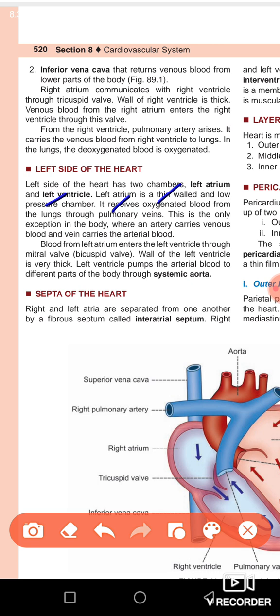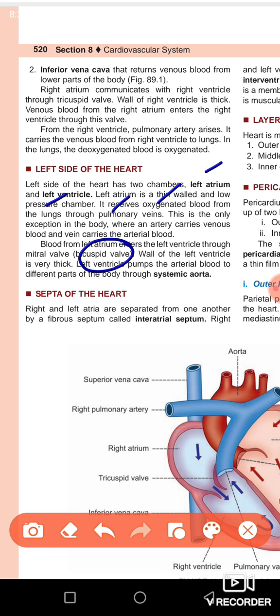After entering the left atrium, it goes to your left ventricle through a valve called the bicuspid valve, also called the mitral valve. We call it bicuspid because bi means two, so it is composed of two flaps.